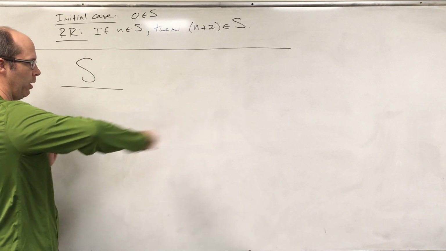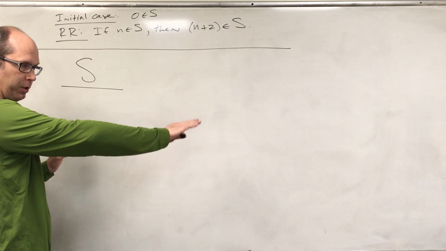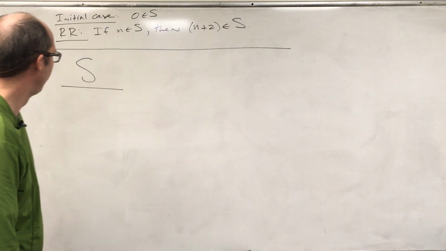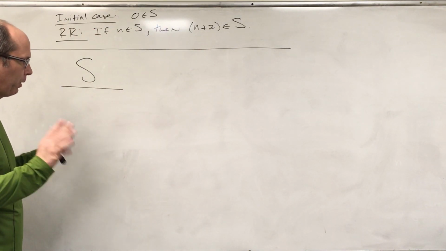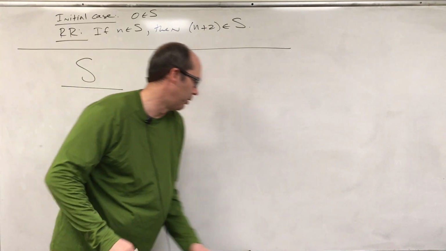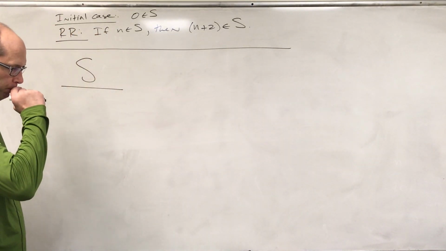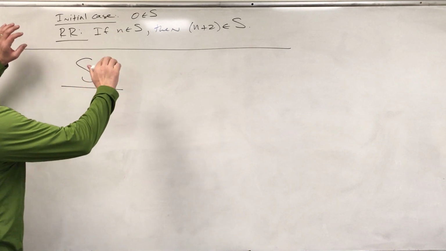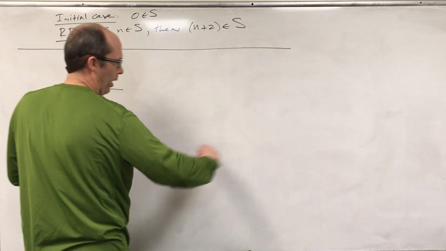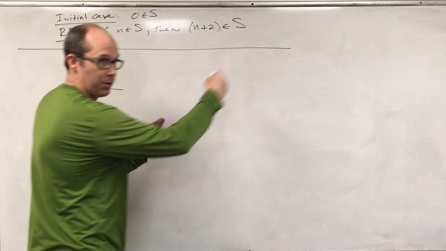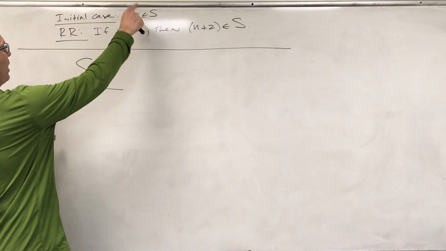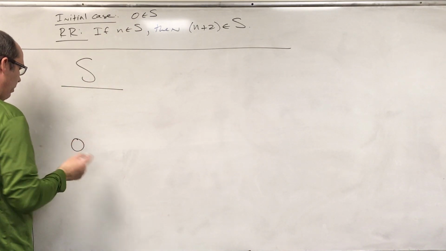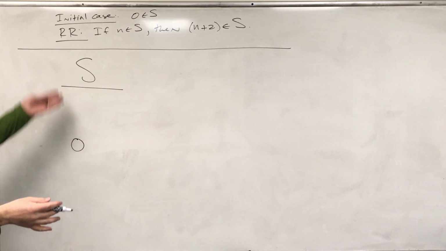Most of these recursive sets that you'll deal with are infinite. A good thing to keep in mind is that even though we can think of it as happening in stages, the initial stage, the first stage, is that 0 is here. So let's think of it as stage 1, we have 0 in S.